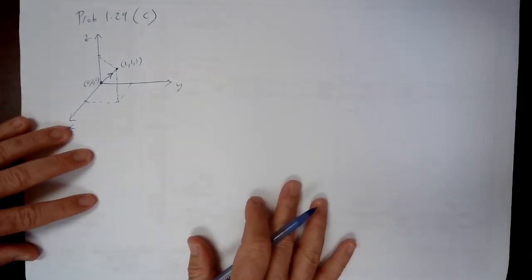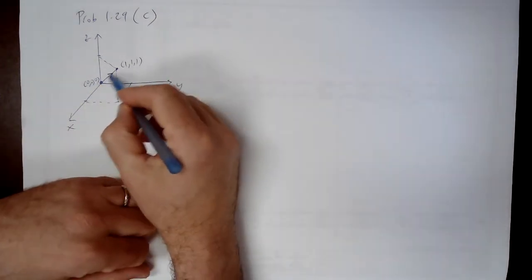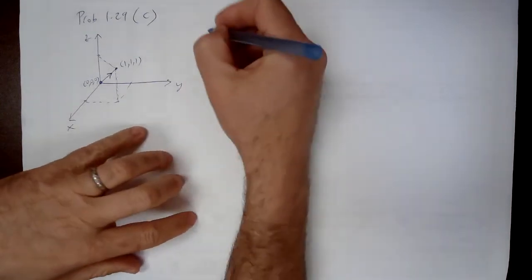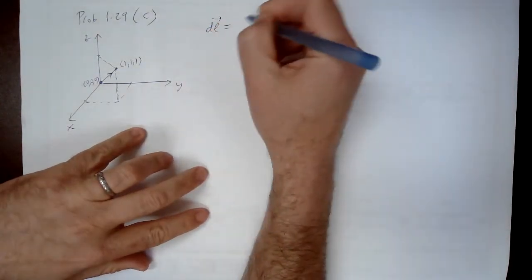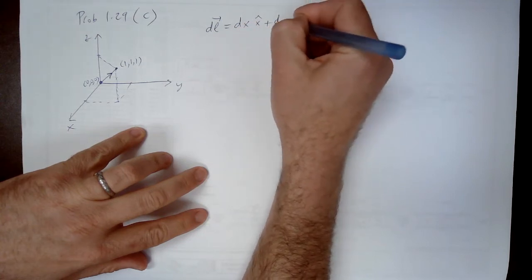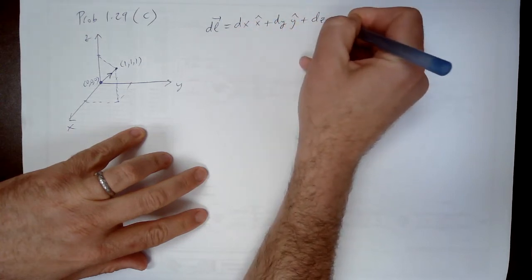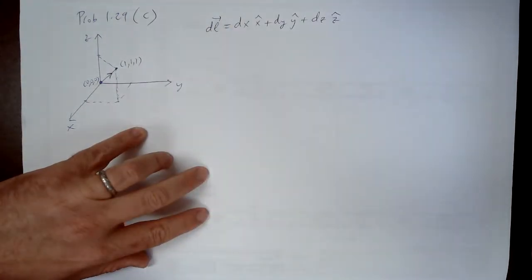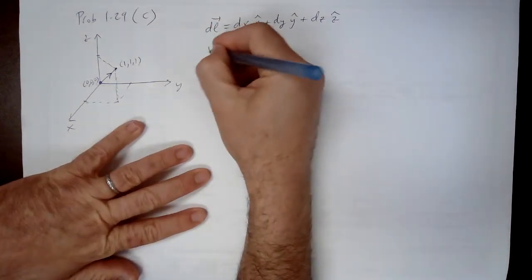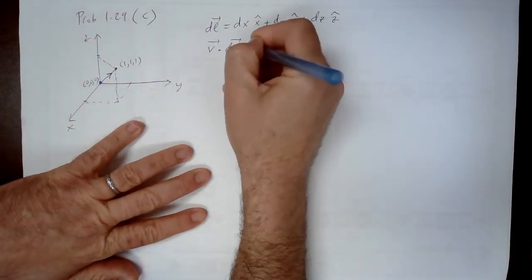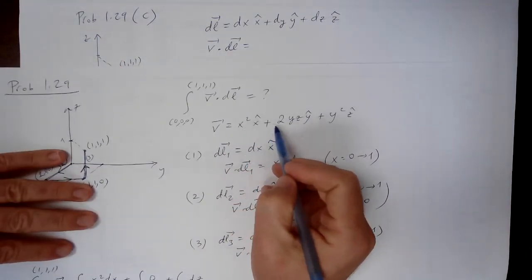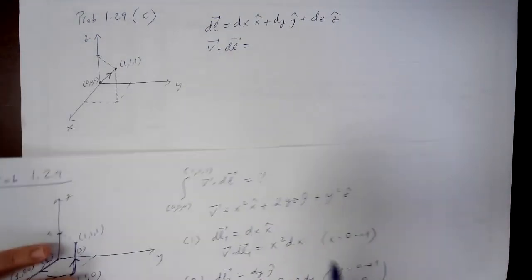Now we're going to do part C, which is the direct path from the origin to (1, 1, 1). In this case, we can use the general form of dl in Cartesian coordinates, which is dx x hat plus dy y hat plus dz z hat. Now I need to find v dot dl. Our function is x squared x hat, 2yz y hat, y squared z hat.